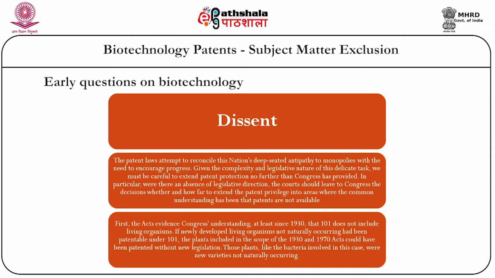The dissent says that these new modern biotechnological inventions were anyway not envisaged, and that was the reason why in the 1930s and 70s, when the US Congress sought to extend it to subject matters that were not naturally occurring, they actually extended it through special legislations, and hence the patent law should be narrowly construed.